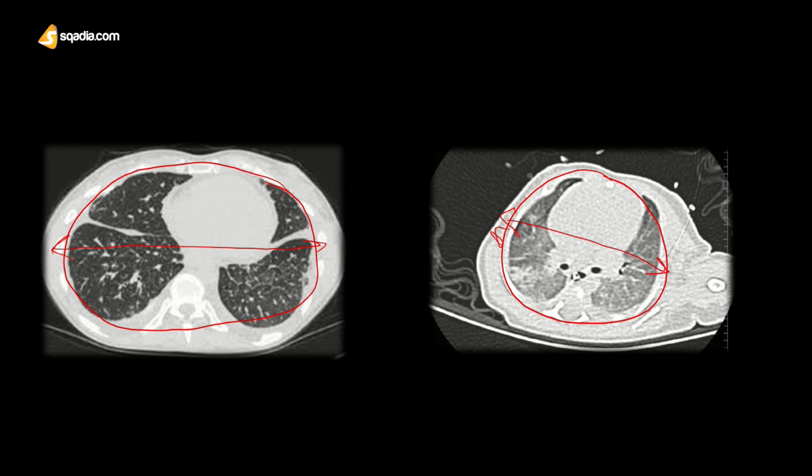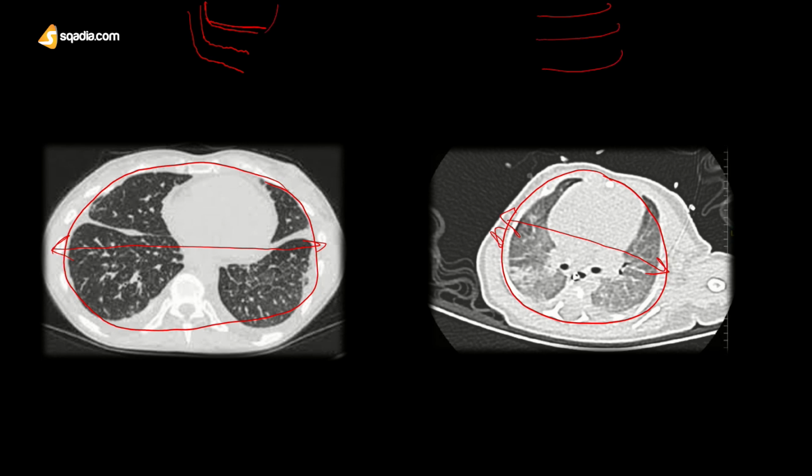What we need to understand is that in the child or infant, the ribs are more horizontal, whereas in the adult, the ribs are more oblique. So the adult's ribs move like this, whereas the child's ribs are more horizontal.